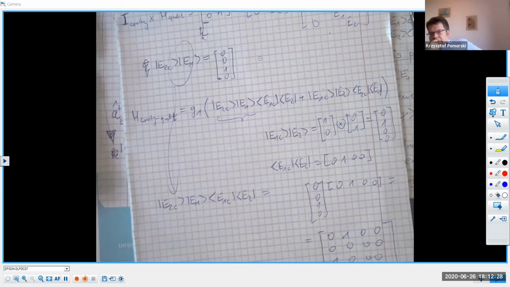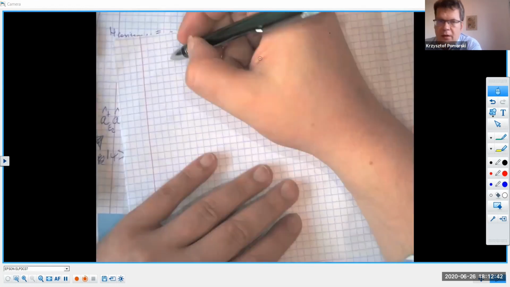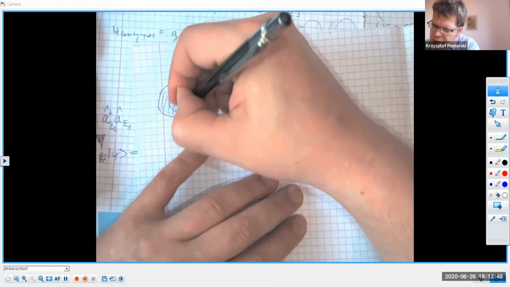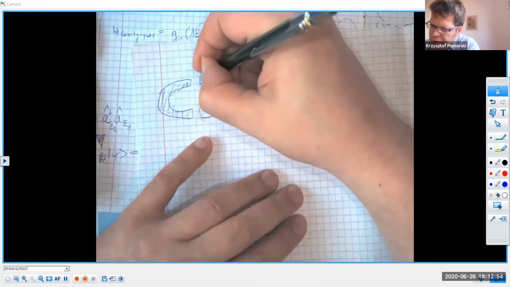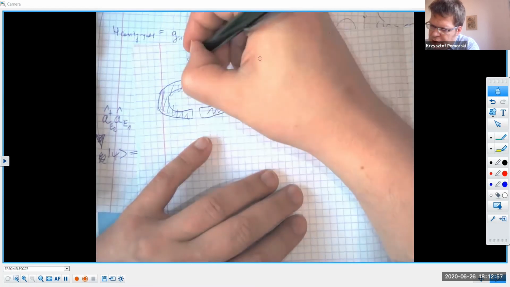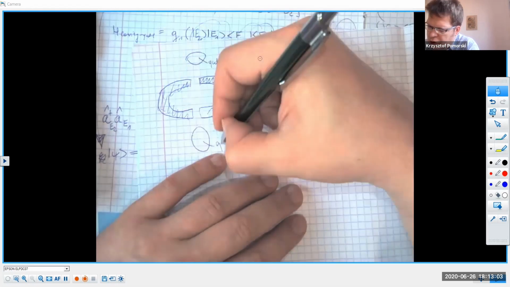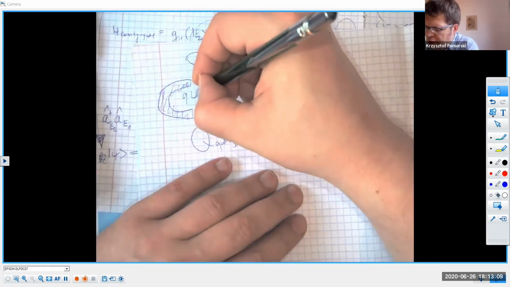I will not go into greater details, but what happens is that, if we have this possibility, which we'll describe in greater detail at the next meeting, here is qubit A and qubit B, and this is a quantum electromagnetic cavity.